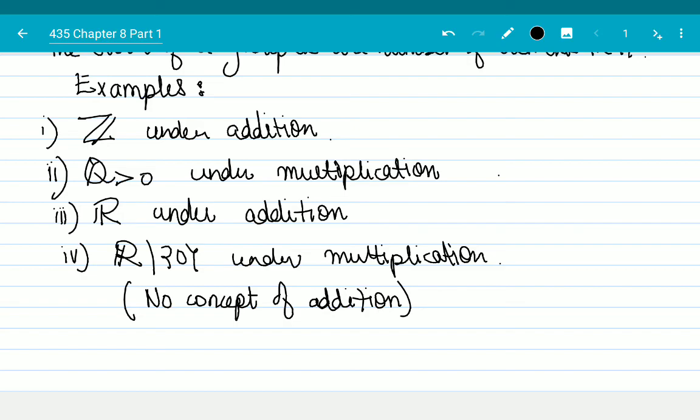Okay? 5. 0, 1 to the n under bitwise XOR.